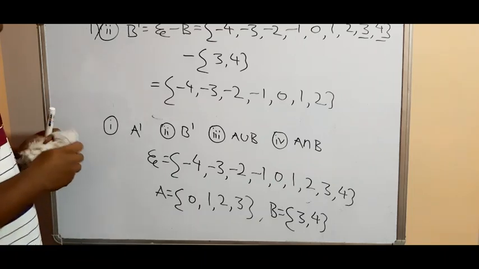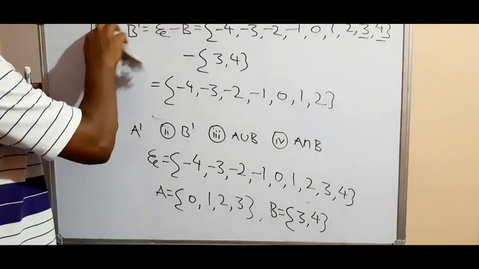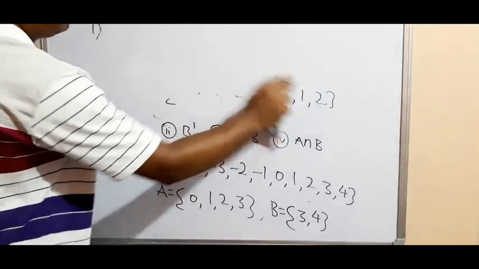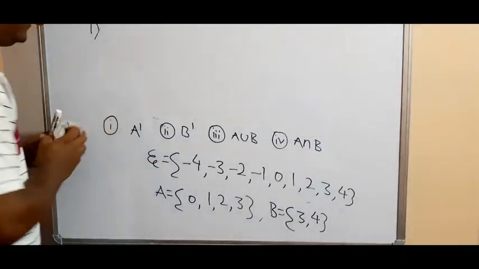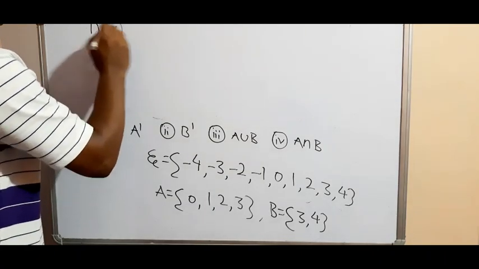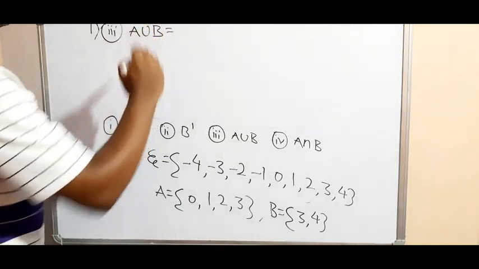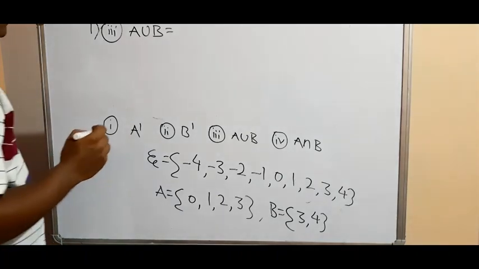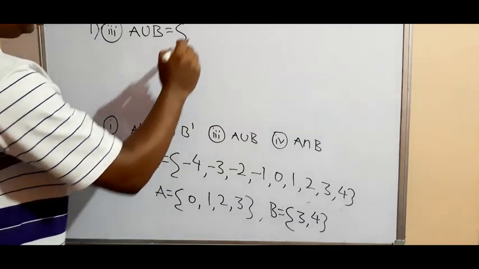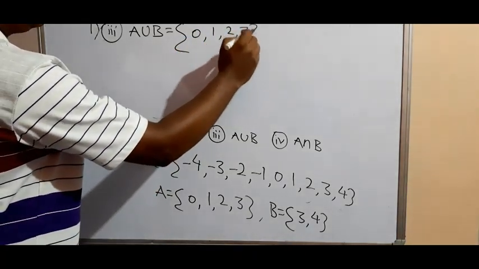So A union B, how to find? Let's see. Then next we have to do part 3, A union B. A union B: elements of A you write 0, 1, 2, 3.